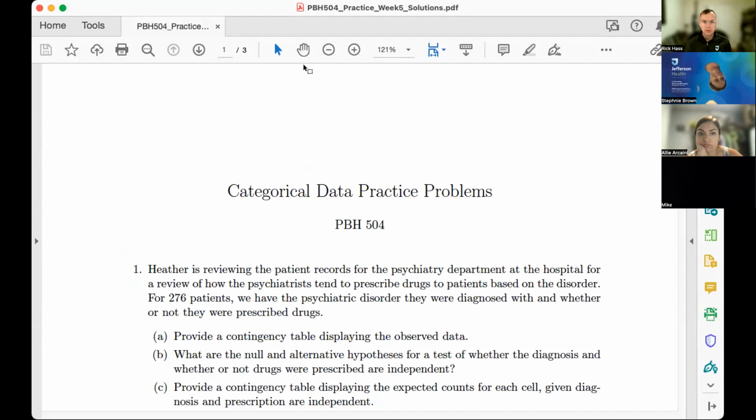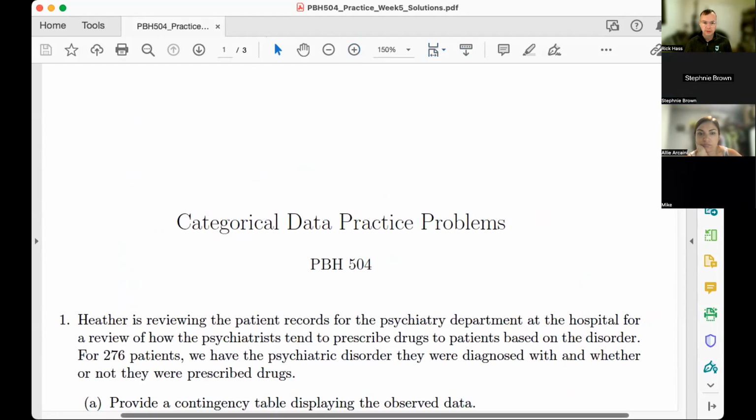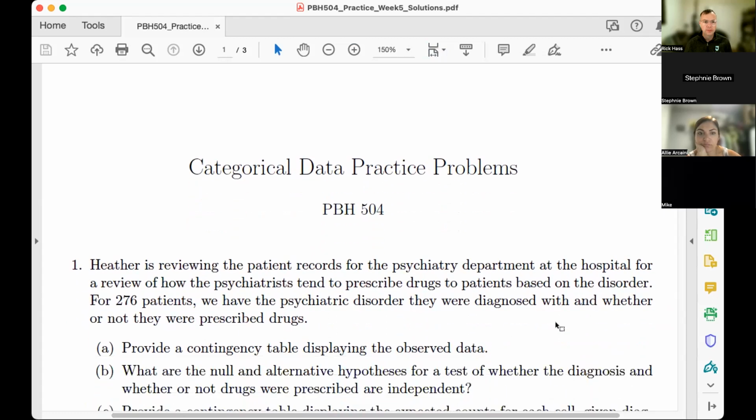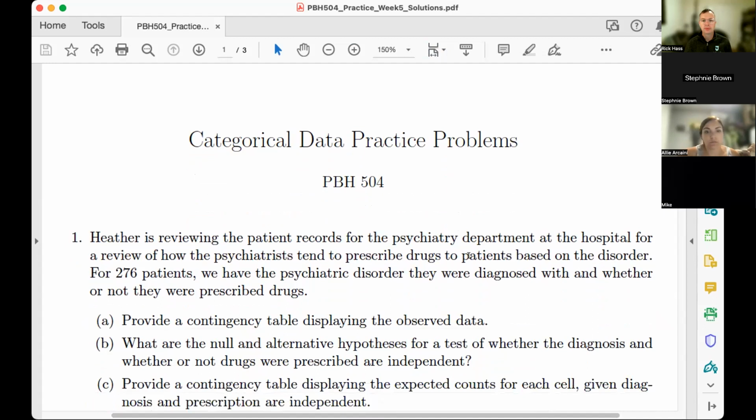So the psych data is data that Heather is processing. She's got patient records for the psychiatry department at the hospital for review of how psychiatrists tend to prescribe drugs to patients based on disorder. 276 patients.